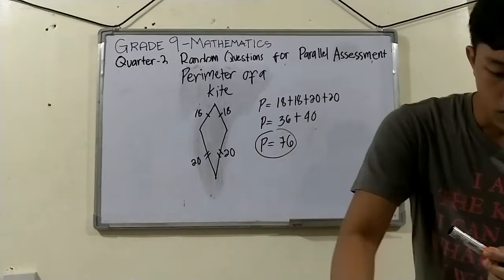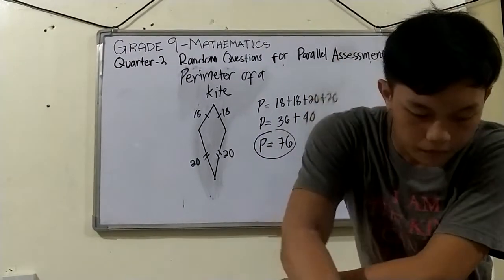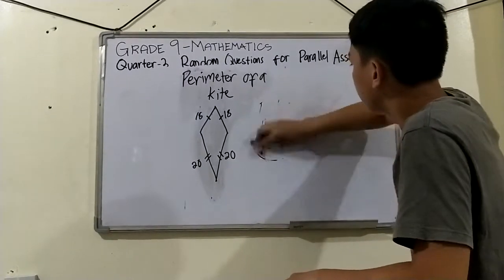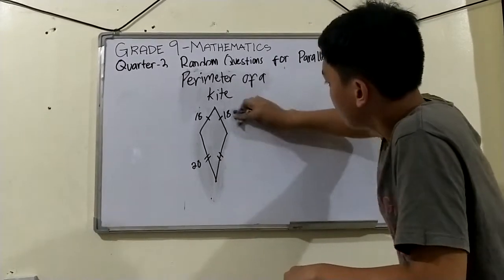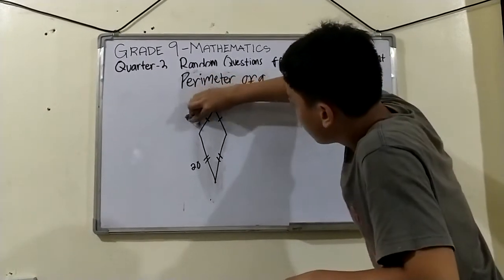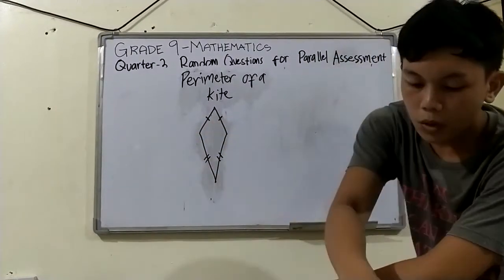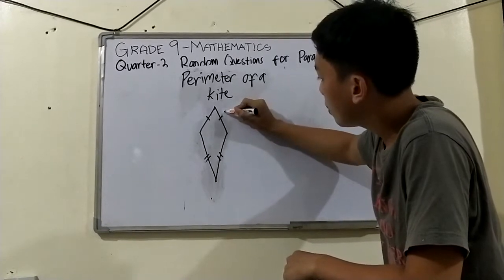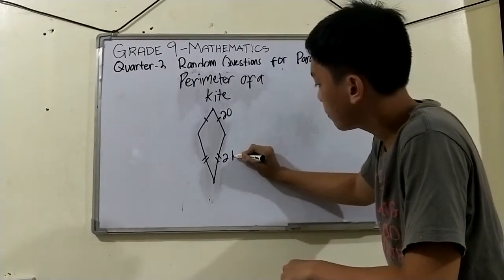Okay? So another question. So what if this side is equal to 20 and this side is equal to 24?